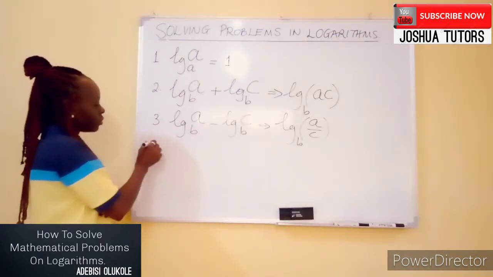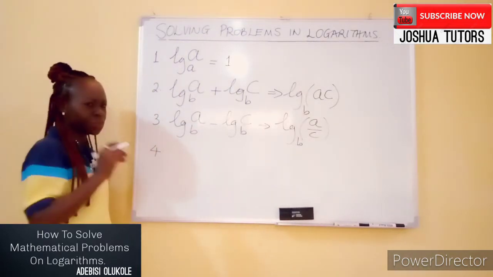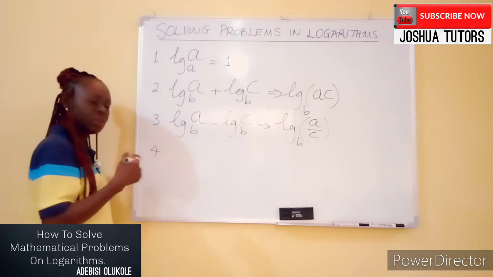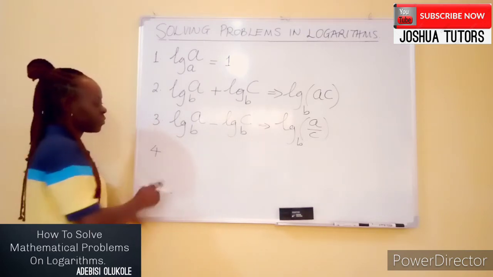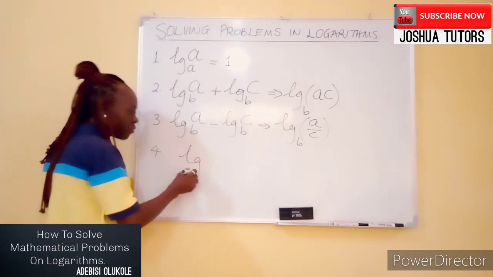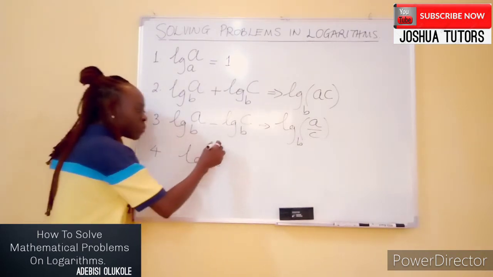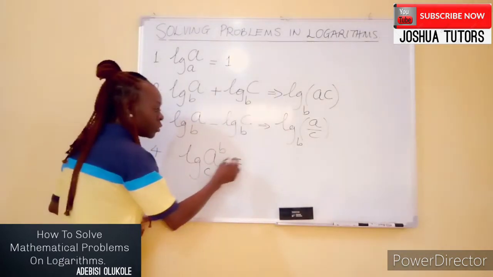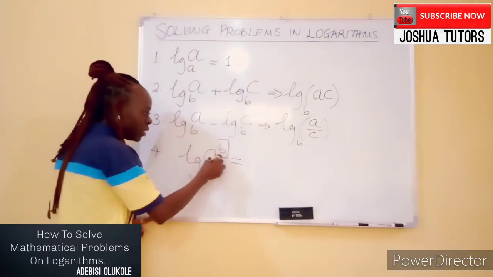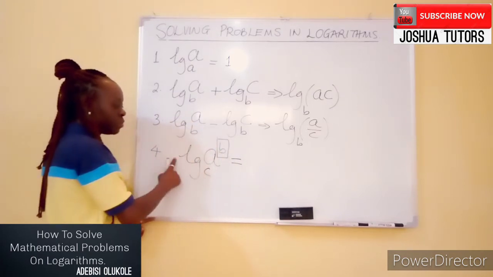Alright, so I'll just talk about the last one for today, and then in our next video we're going to be dealing with change of base. So if I have log of a raised to power b to base c, it is actually equal to b multiplying it in front.